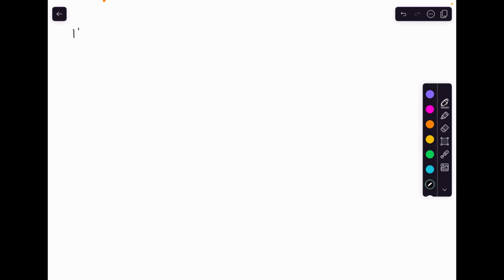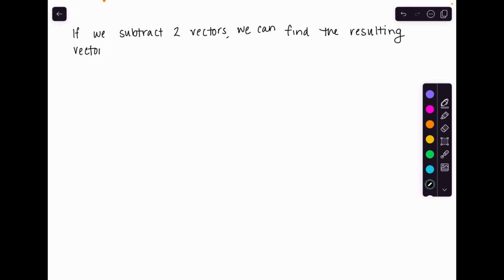So let's say if we subtract two vectors, we can find the resulting vector geometrically using that U minus V is really U plus negative V. So very simple algebra from here.